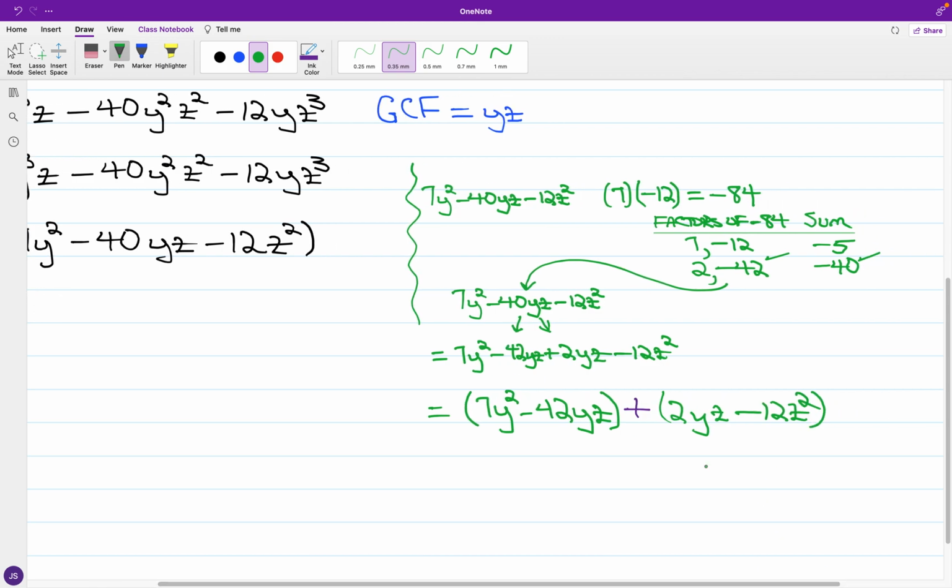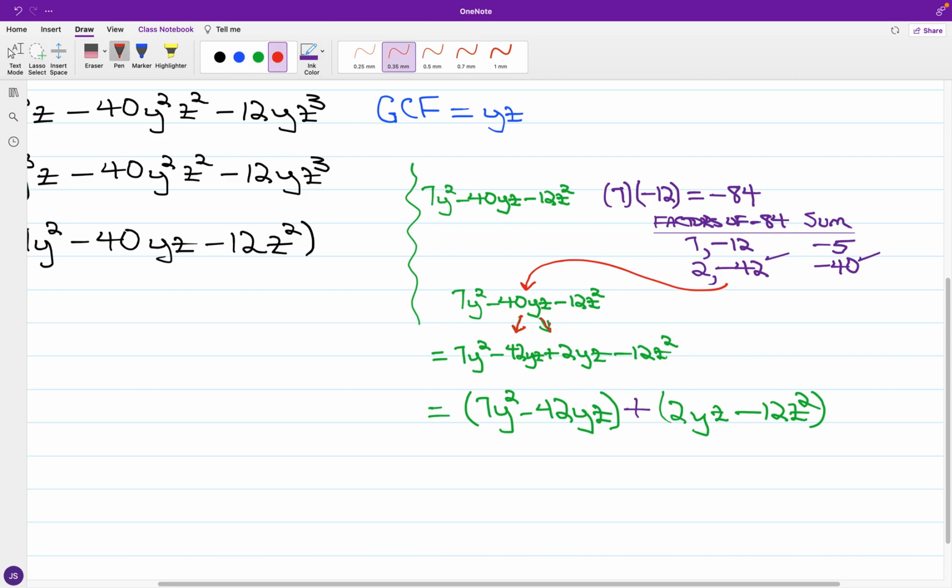It looks like I changed the colors for all these. There we go.